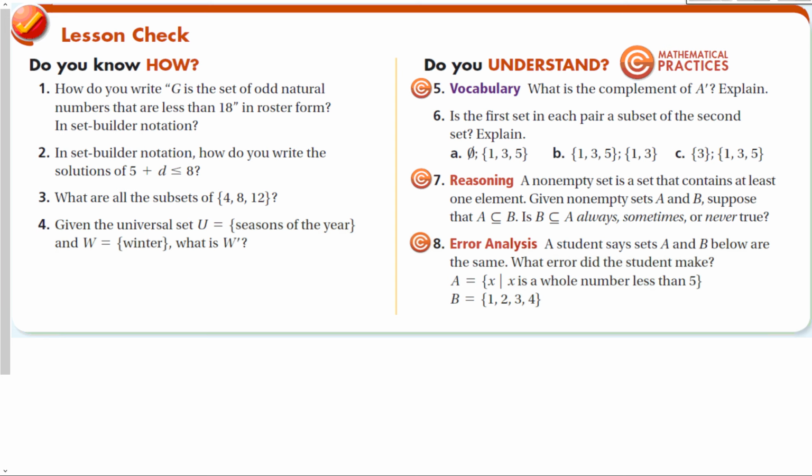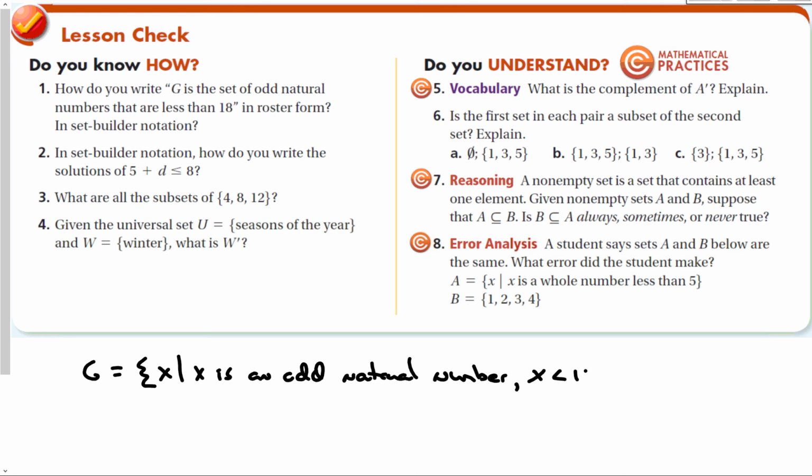And in set builder notation, G is equal to, put a brace, X such that X is an odd natural number, comma, what else is happening to it? That X is less than 18.